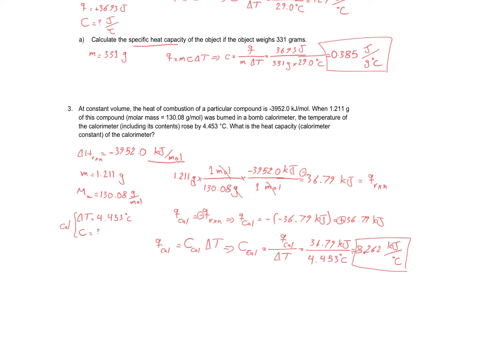If you have heat capacity, it's C delta T. If it's specific heat capacity, it's MC delta T. For calorimeter, we always have capital C, the heat capacity. So for calorimeter, it's C delta T. And to find the heat capacity of the calorimeter, it's QCal divided by delta T. You just plug in the numbers and find the heat capacity of the calorimeter.